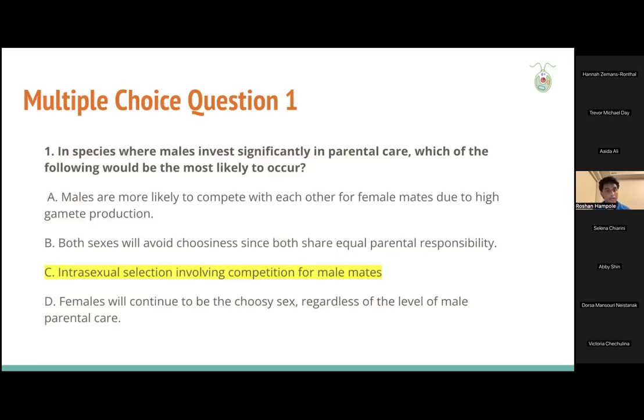It's not necessarily going to be intrasexual selection, but it is a possibility, and that's why this is the correct answer. And D, females will continue to be the choosy sex regardless of the level of male parental care. Just not true. It just has to do with how involved they are in parental care. Next slide.